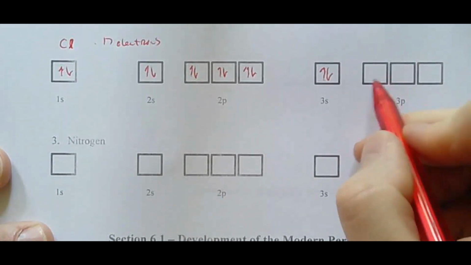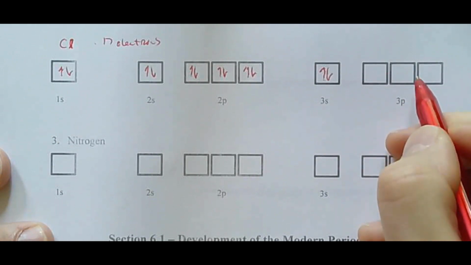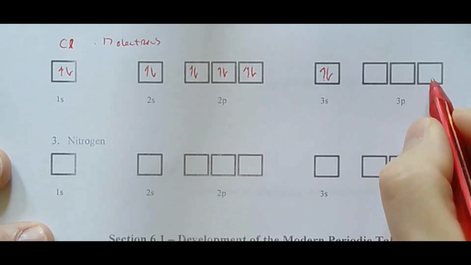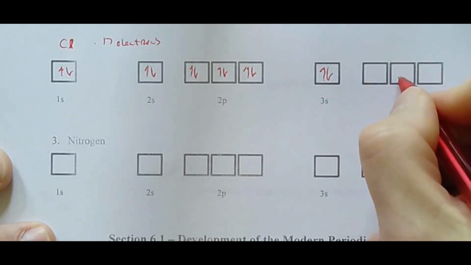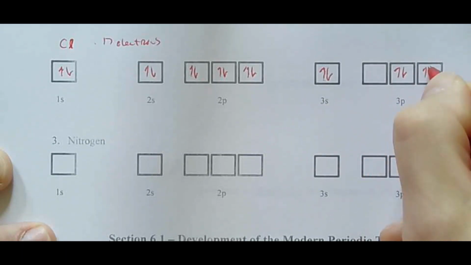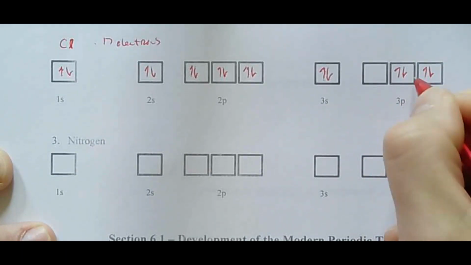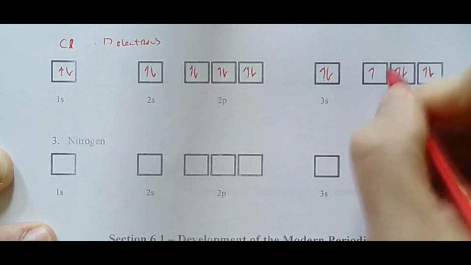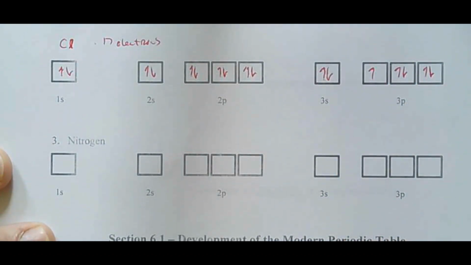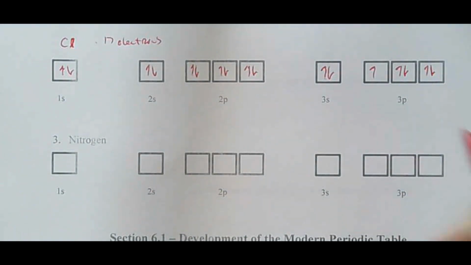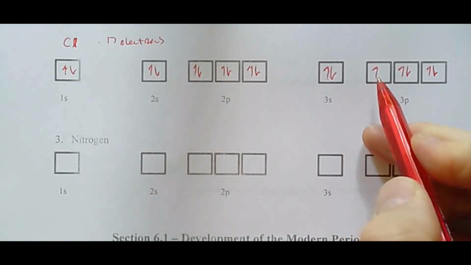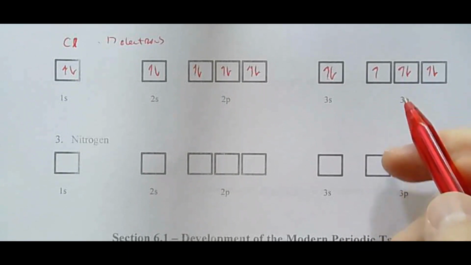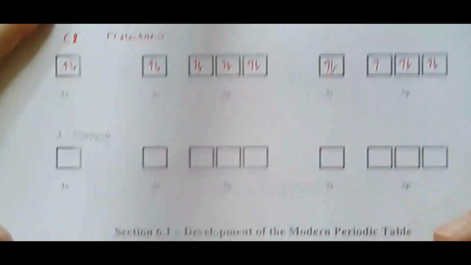So that means we're going to have 2 of these boxes with 2 electrons and 1 box with a single. It doesn't matter which boxes I put the filled ones in, you are going to have something that looks like that. And this arrow could be up or down. It doesn't make any difference, because it's the last unpaired one in there.